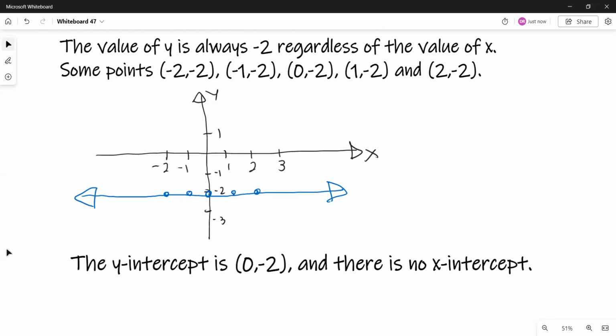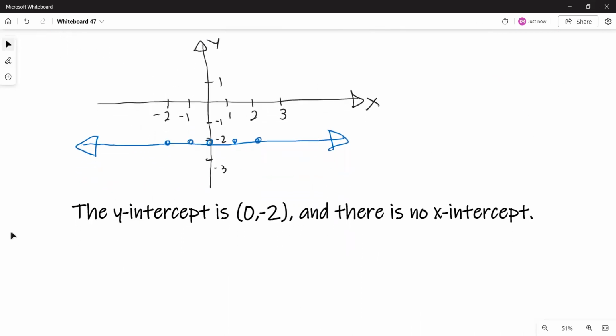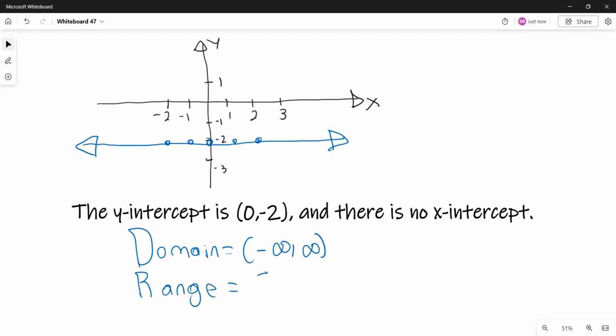So the domain is all real numbers. And the range is a single number. It is the set consisting of the single number -2.